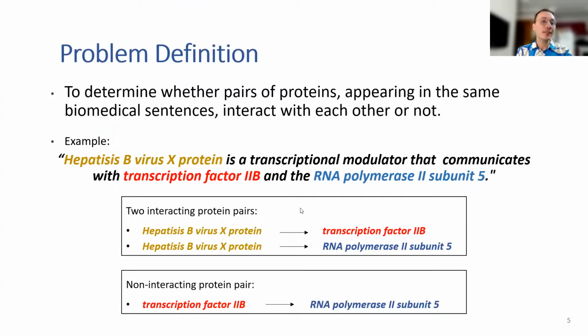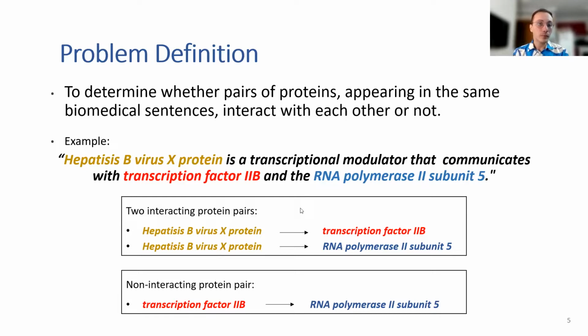So more specifically, here is our problem definition. Our goal is to determine whether pairs of proteins in a given biomedical sentence interact with each other or not. And here we have an example sentence. There we have three protein entities, which are represented by three different colors.